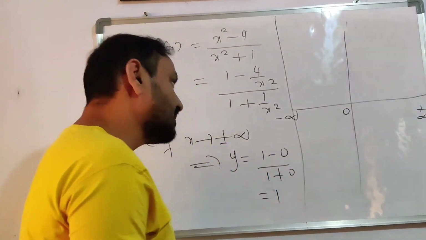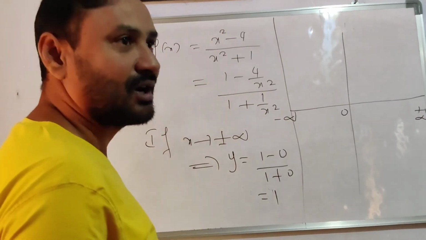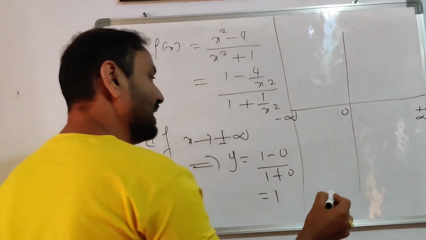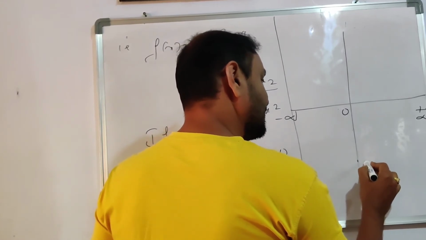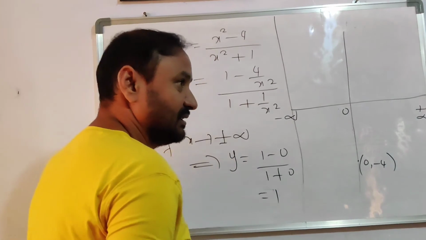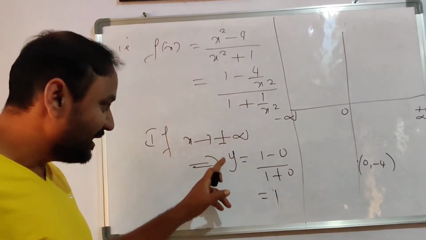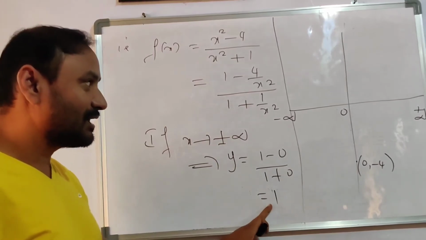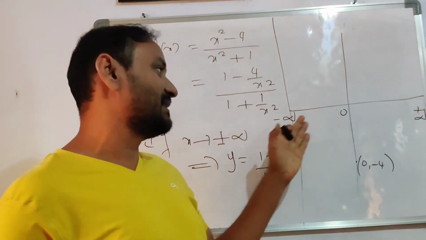And also you observe this, clearly the slope is 0 at (0, minus 4). That means here, suppose x equal to 0, this is (0, minus 4). Here slope is 0. And also at x tends to plus or minus infinity, y is equal to 1. The graph is reaching only 1 where x tends to infinity, and where x tends to minus infinity.